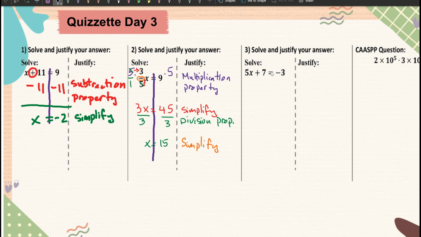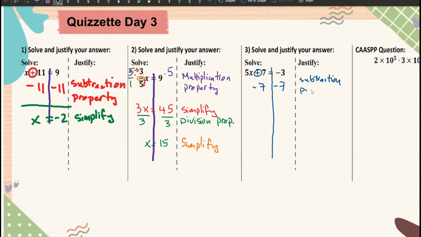Number 3. To isolate the variable, we first need to do the opposite operation. We have 5x plus 7. So first we're going to subtract 7 from both sides. This is subtraction property.